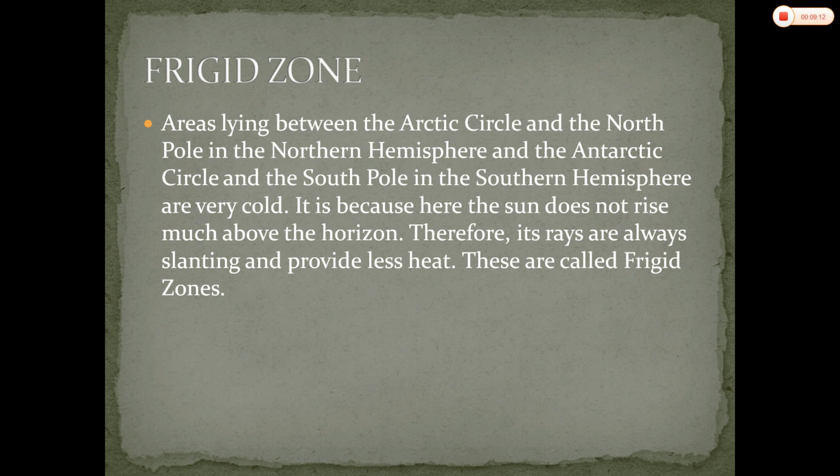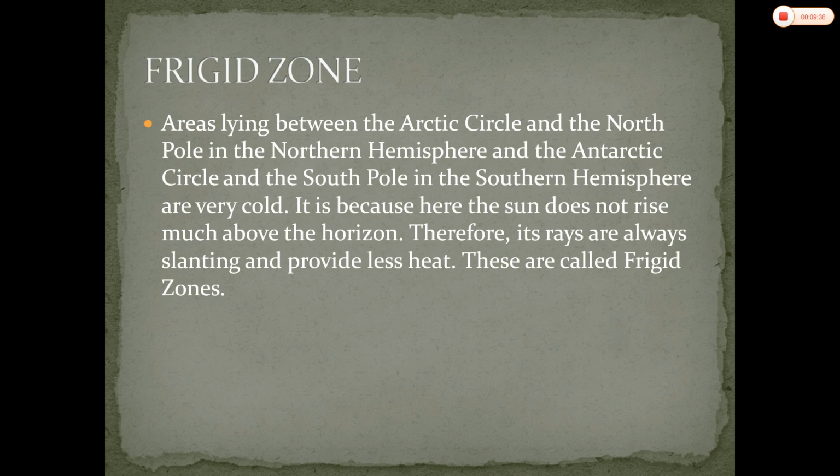That means, as we can see, in our region where we live, that means in India as well as some of the temperate regions, the sun at least rises above the horizon. Horizon means what? Horizon means the sky. In the sky, the sun rises up to the center of the sky.